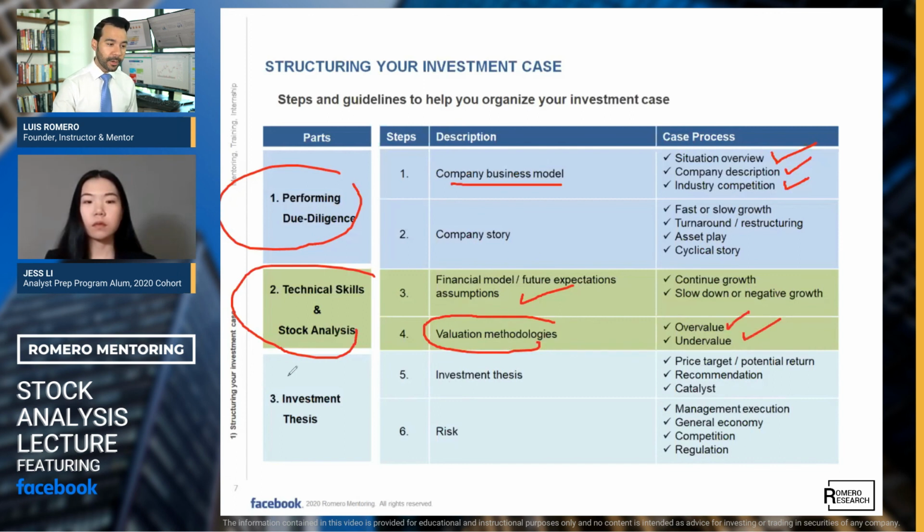And then the third part is your investment thesis. And within the investment thesis, as I've mentioned, what's your price target, potential upside or downside on the stock? What's your recommendation?